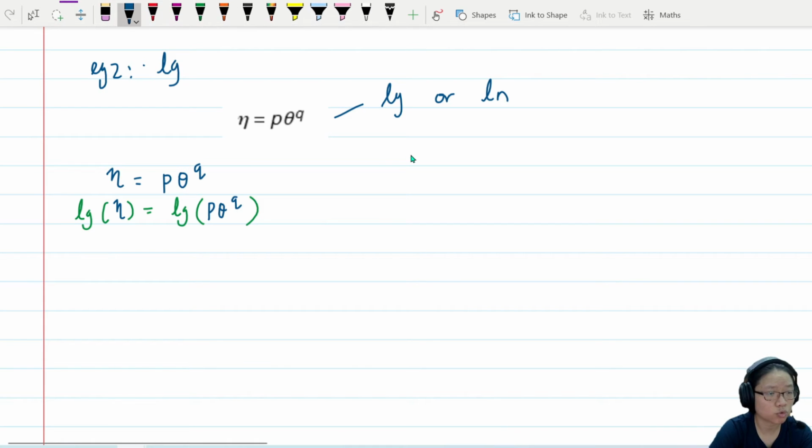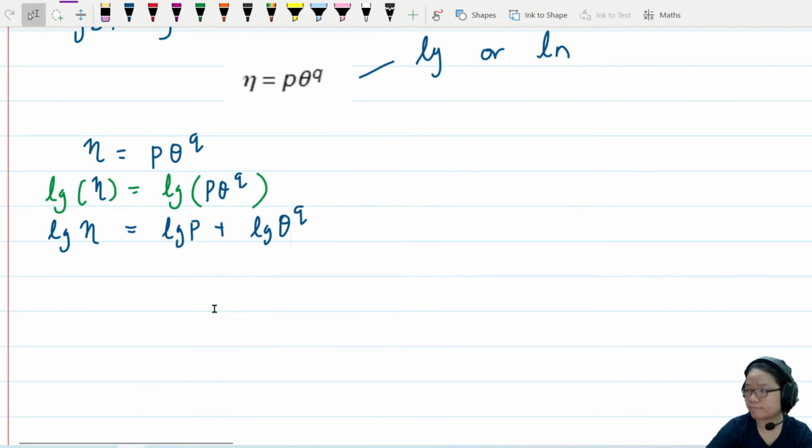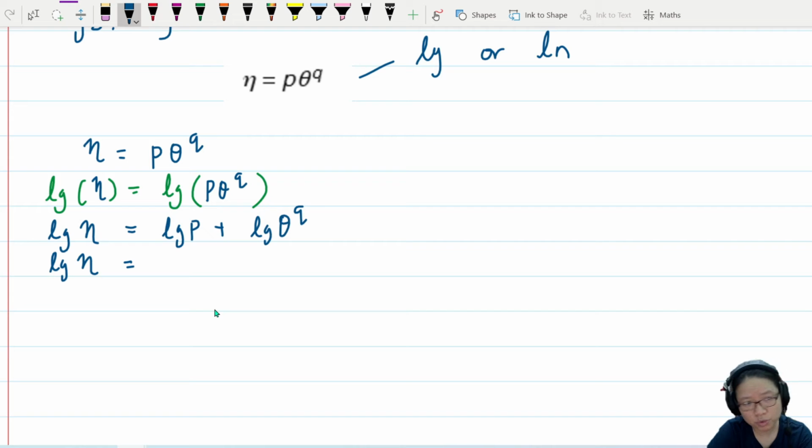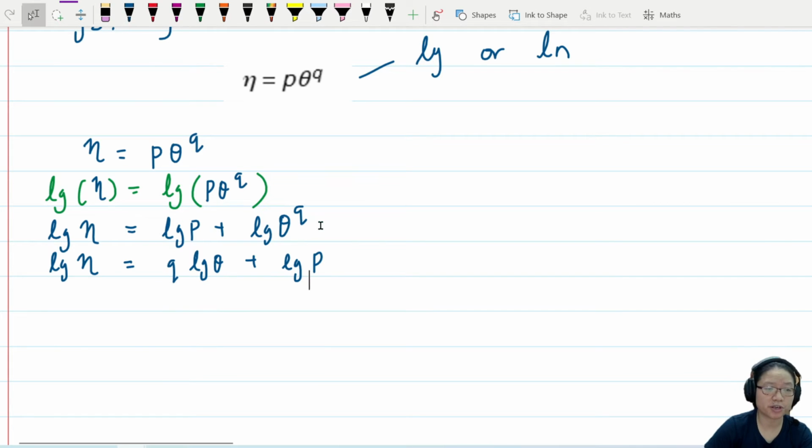So I continue with log nu, which is equal to log p plus log theta power q. Then if I rearrange, this is log nu, I can bring the q down. So this is q log theta plus log p. I rearrange, I bring this one here, and then I shift the index down.